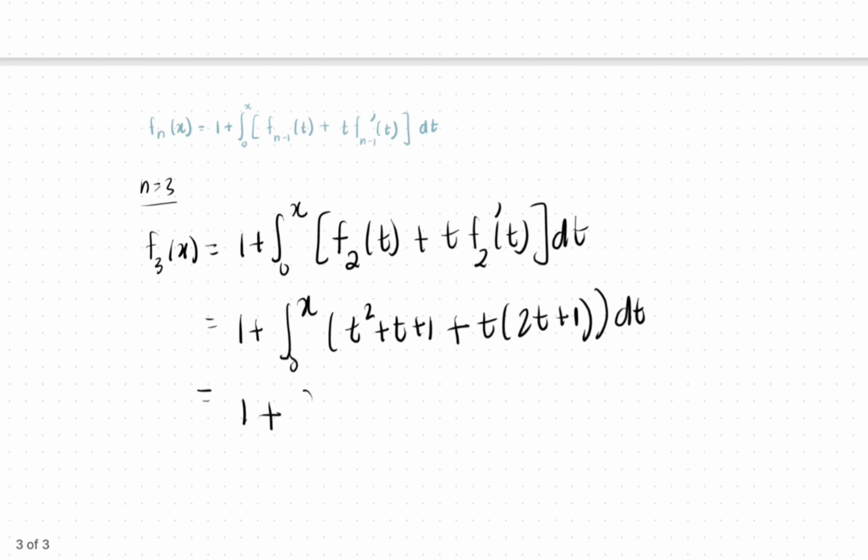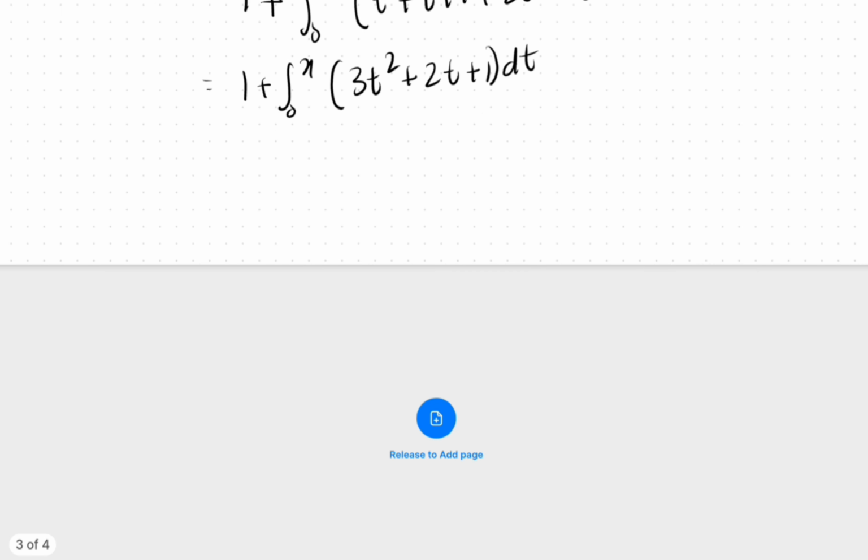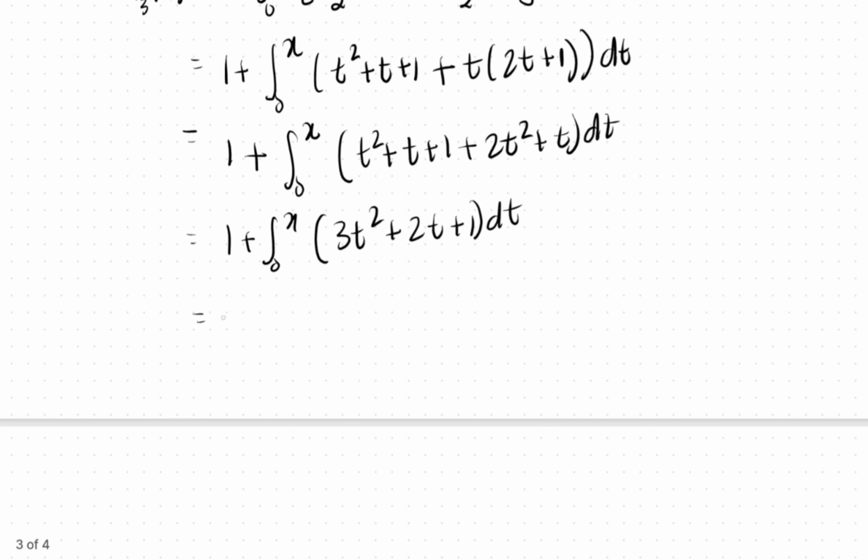Simplifying this, we get 1 plus the integration from 0 to x of t squared plus t plus 1 plus 2t squared plus t dt. Once again, we're simplifying: 3t squared plus 2t plus 1. Now we can take the integration: 1 plus t cubed plus t squared plus t.